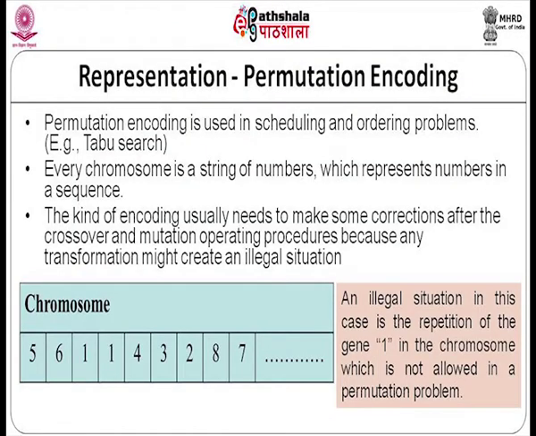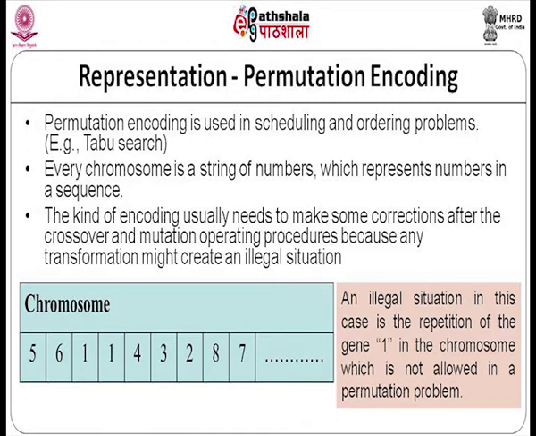Then another type of encoding is permutation encoding. Permutation encoding is used in scheduling and ordering problems like taboo search. This is an example where they use this permutation encoding. Every chromosome is a string of numbers which represents numbers in a sequence. This kind of encoding usually needs some corrections after the crossover and mutation operating procedures are over, because any transformation can create an illegal situation.